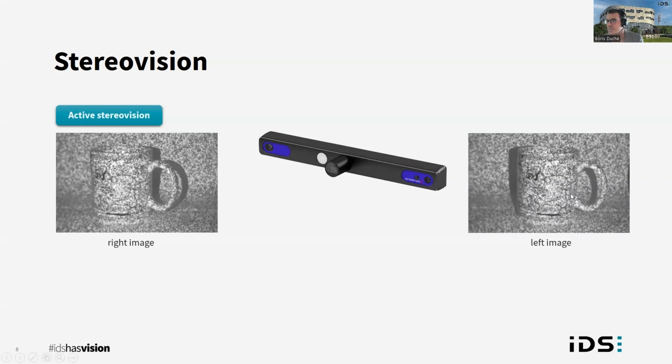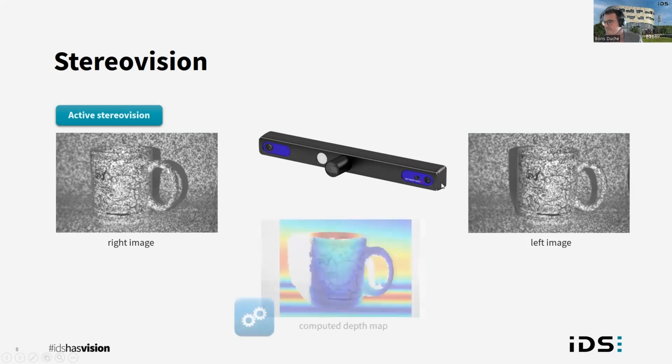Can I find a corresponding pixel on the left image? Yes, I can, because each pixel is very different to the other, and you will understand a little bit later when we go in depth that you don't need to look for the corresponding pixel in the whole image. You will actually just look for a single line.